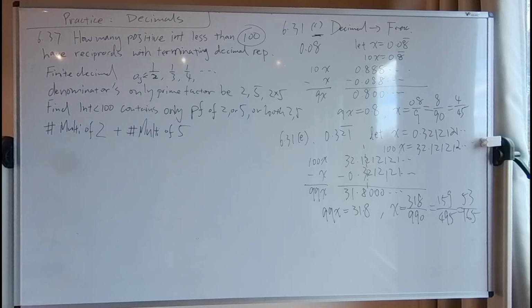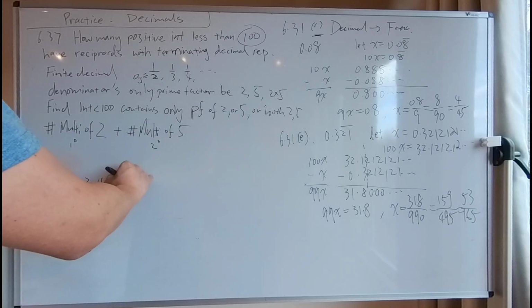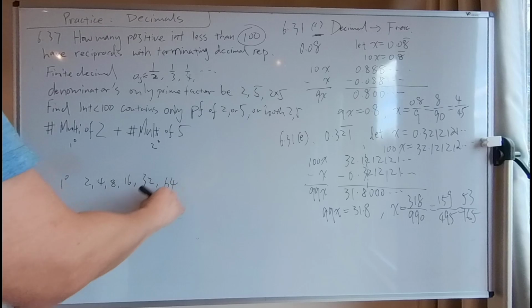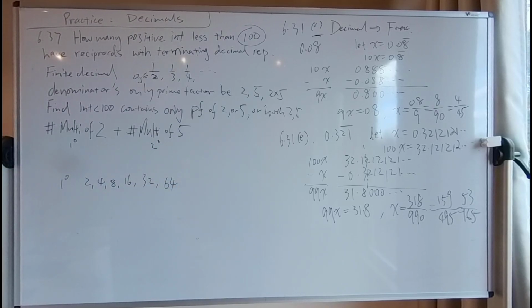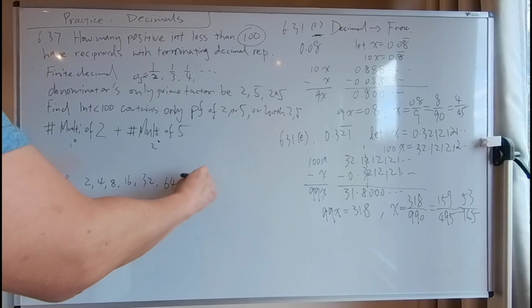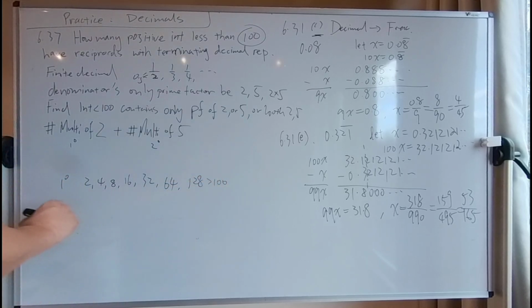But if I'm only listing these two scenarios, the first scenario will give you 2, 4, 8, 16, 32, 64, right? And then the next would exceed 100. Let's see what would be the next: 128, that is greater than 100.